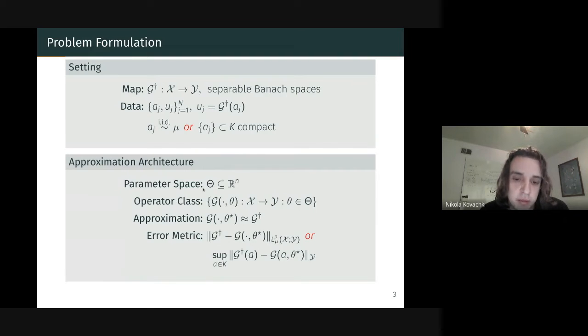We're going to try and find parameters or some kind of parameter space in R^N, so that from our class of parametric maps, which we'll design, we can approximate this G dagger. We're going to measure error in one of two ways, depending on how our data comes. Either in this Bochner norm, which is in an average sense over the measure mu, or in a uniform way over the compact set K. Okay.